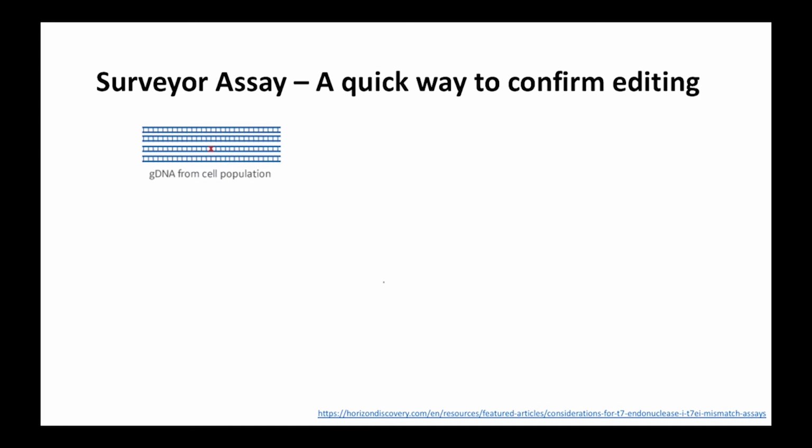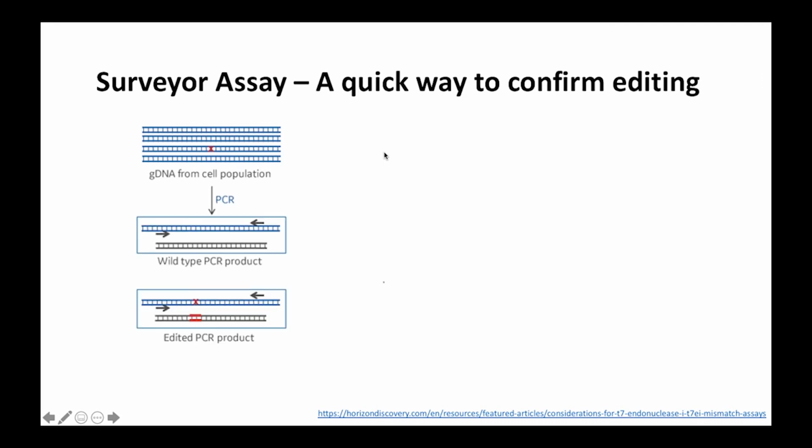So once the whole CRISPR process has been carried out in the way that Tim described, how can we actually validate that the genome has been edited? The surveyor assay is a quick and easy way to confirm editing. It begins by taking the genomic DNA from a cell population, as shown here, and this genomic DNA hopefully should have the CRISPR edit as marked by the red X. Then the DNA is PCR amplified, so you get a lot more of it.